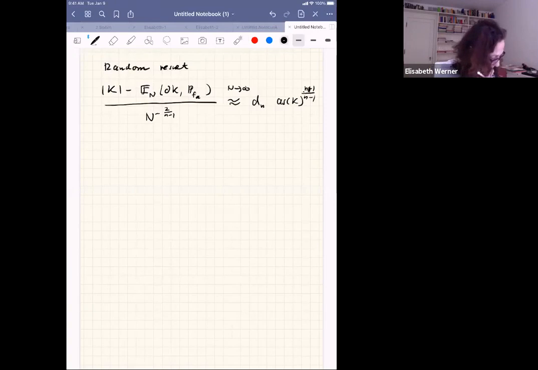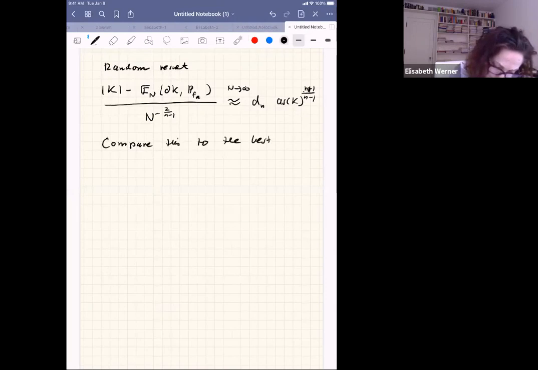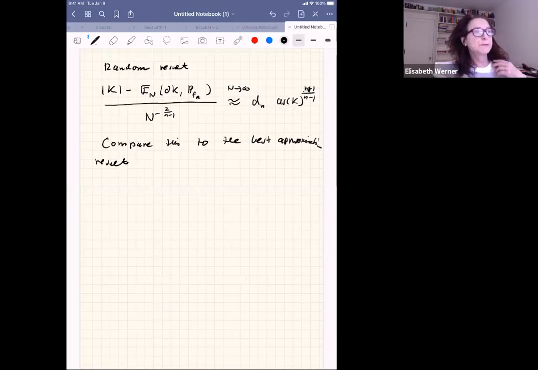Now what I want to do is compare this to the best approximation result. That is, if we let the number of vertices that we choose go towards infinity, what can we expect of how the best approximating polytope approximates the body in the symmetric difference metric.